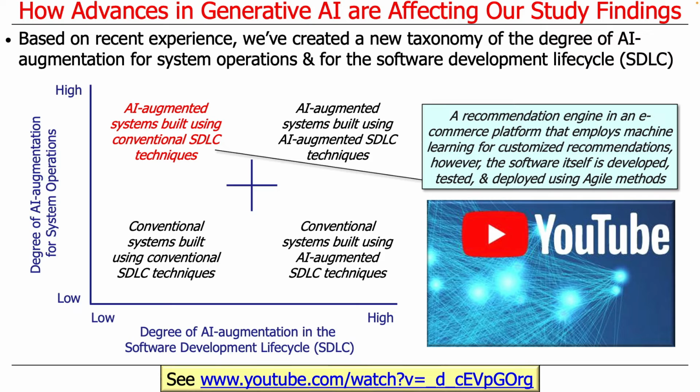At the other end of the spectrum, there are also systems emerging today, YouTube being one of the prime examples that you probably use quite a bit, that use AI to run. Now, they probably weren't built with a lot of AI-enabled tools because they've been around for a while, and those systems predate the advent and the broad use of AI-enabled tooling, but they use AI-augmented techniques.